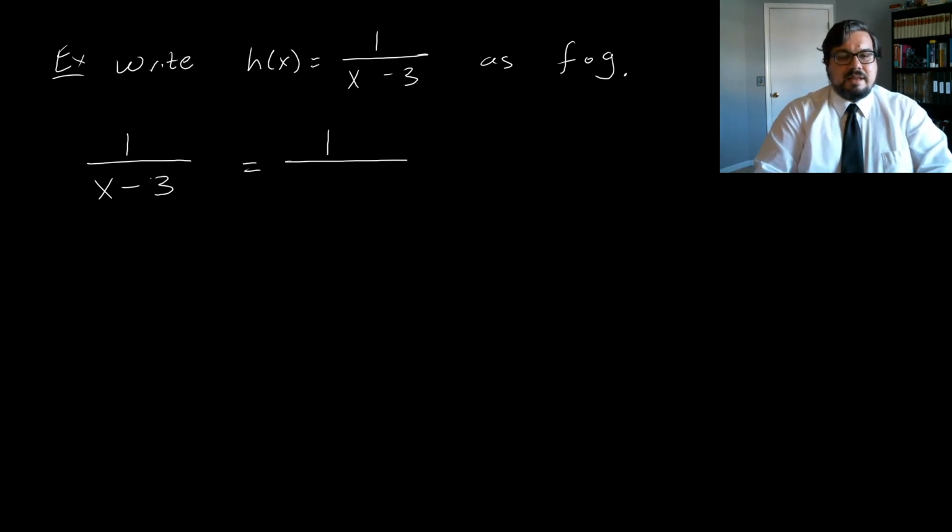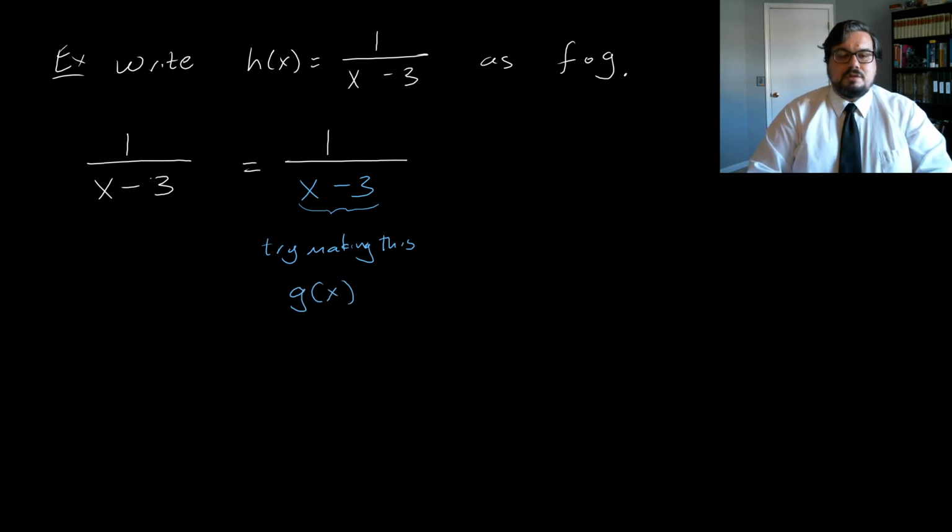I might say, all right, let's note this x minus 3 here, and maybe I'll try making this g of x. So if I made that g of x, then this expression would turn into 1 over g of x.